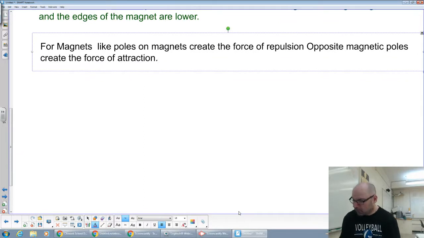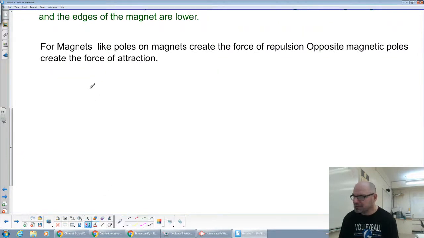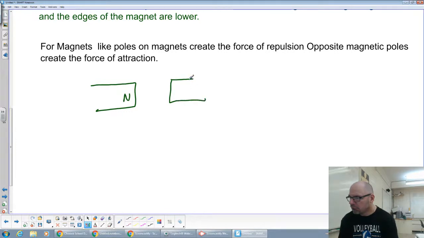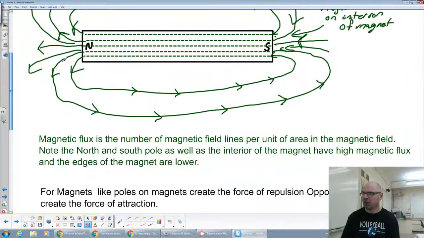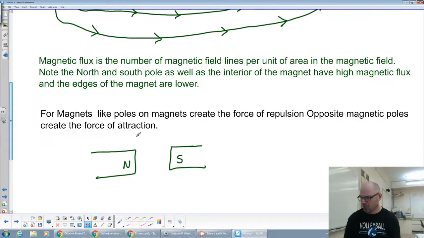If you have a north pole and a south pole close together, you notice that the field comes out here and goes in there, from north to south.